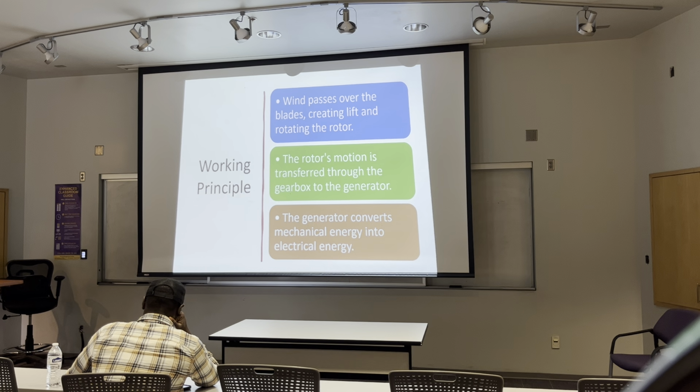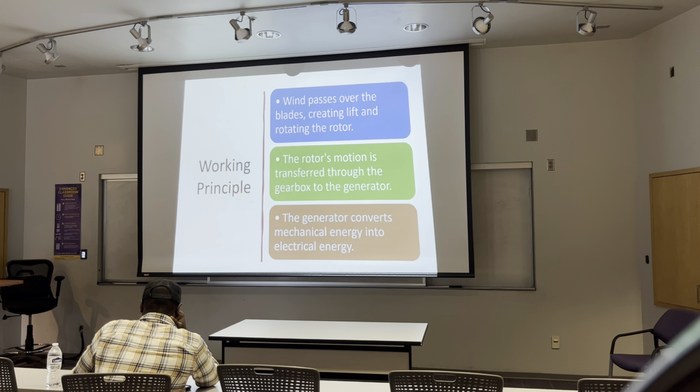Because there are two feeds to the generator, from the stator and from the rotor. So the wind passes over the blades, rotates the generator, and then generates electric energy or electric power.